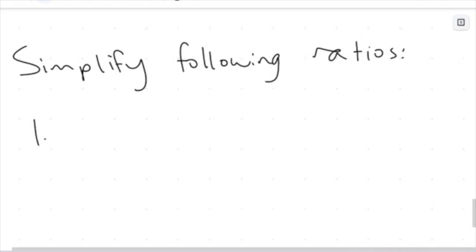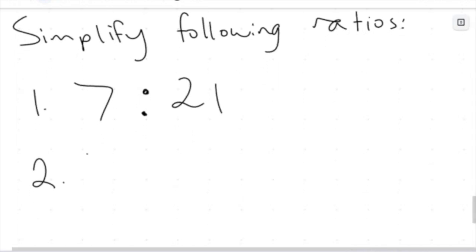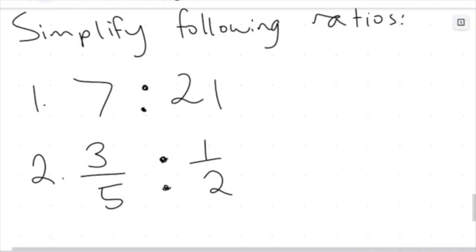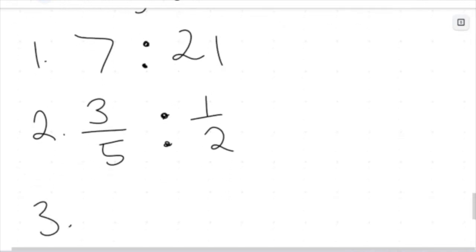So question 1 is simplifying 7 to 21. Question 2 is simplifying 3/5 to 1/2.